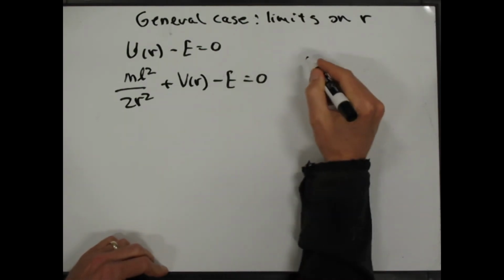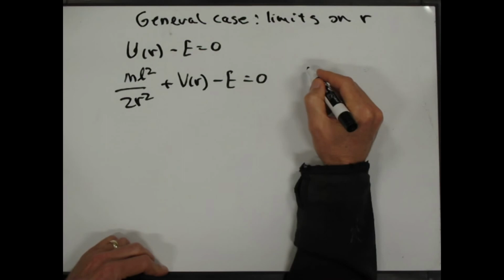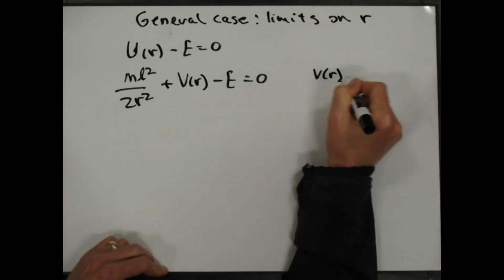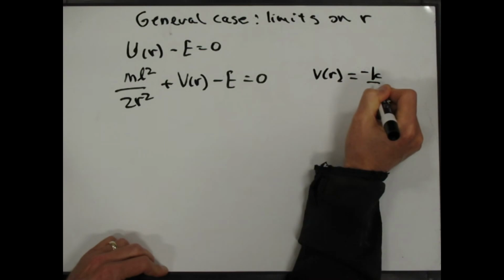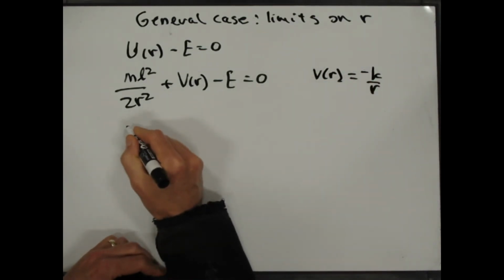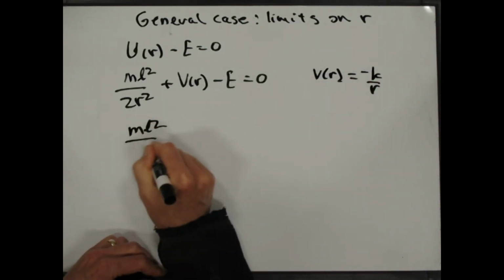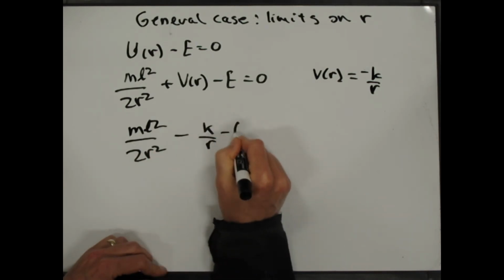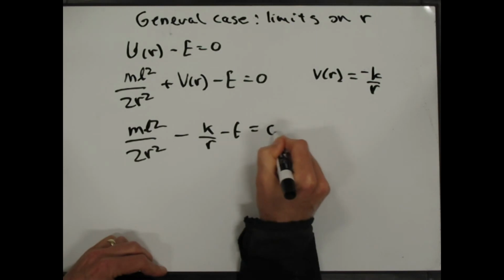If V of r is minus k over r, then we get ml squared over 2r squared minus k over r minus E equals 0.